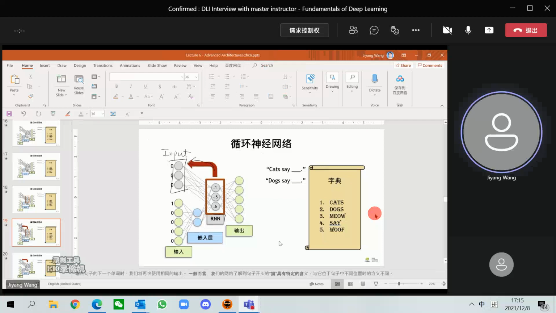The input word is like the previous word we used, and it definitely has an impact on the final prediction. So by having the output going back to the input, it can work out like this.